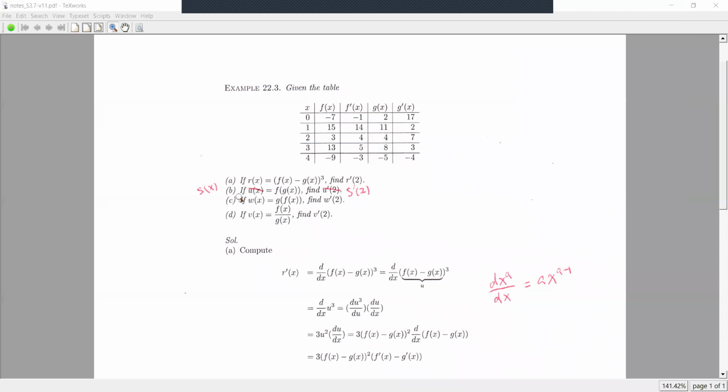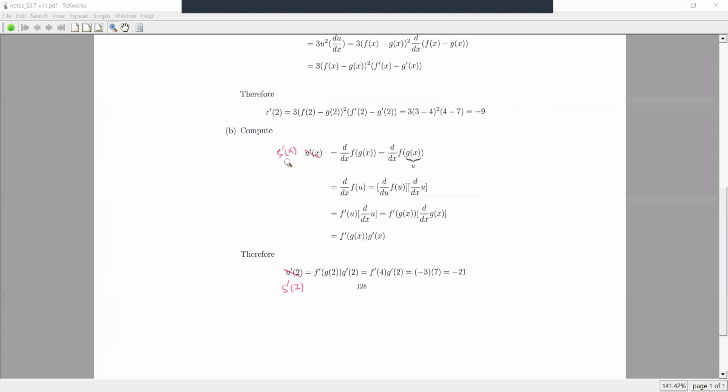Question B. If S is this function, f of g of x, a composite function of the function f and the function g. Find the derivative of function S at the point 2. I compute the derivative by the chain rule. I let u denote g of x. Then f of g of x becomes f of u.